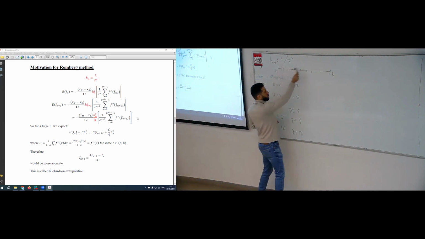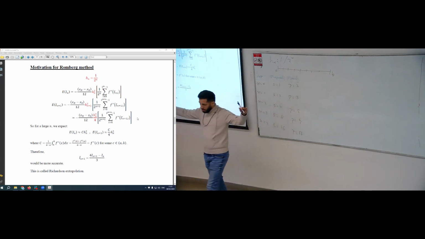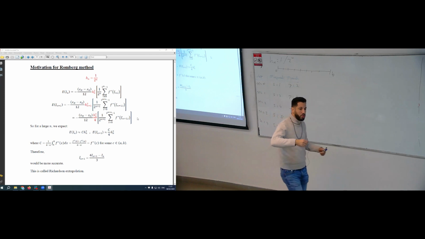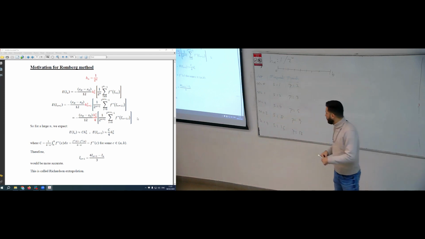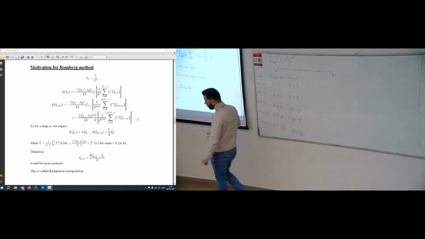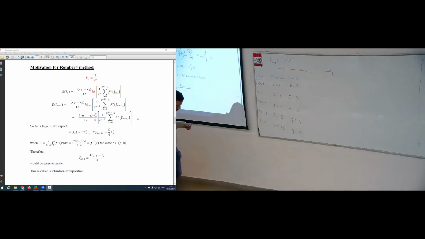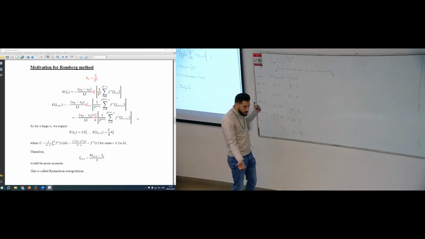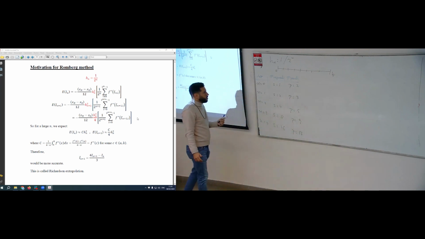We divide the range of integration into 2 to the n segments, where n is the step that I take, the number of the step, and find the trapezoidal integration using these segments. Okay?